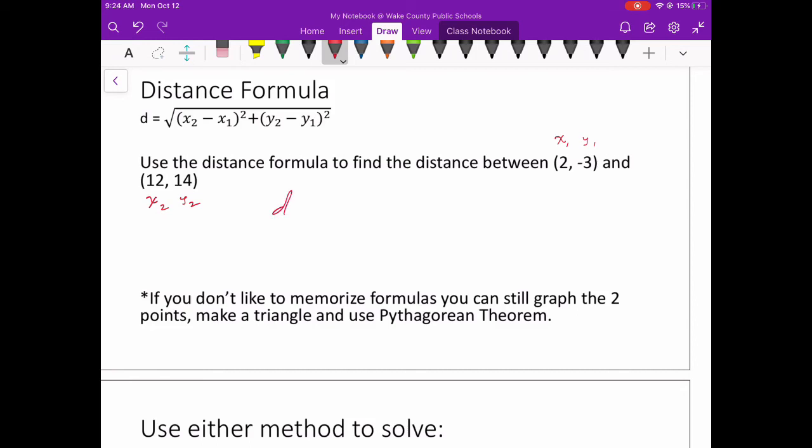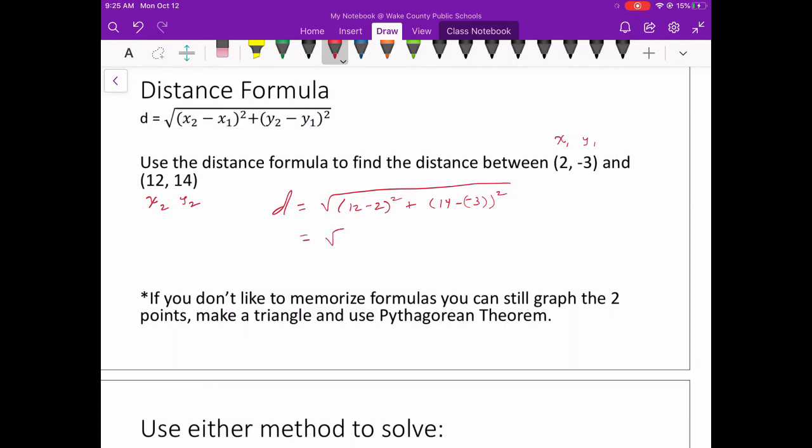Okay, so the distance between these two, which is also written as the square root of the difference in the x's, which would be 12 minus 2, and I'm going to square that, don't forget to square it, plus the difference in the y's, which would be 14 minus a -3, don't forget your negative signs, and don't forget to square it.